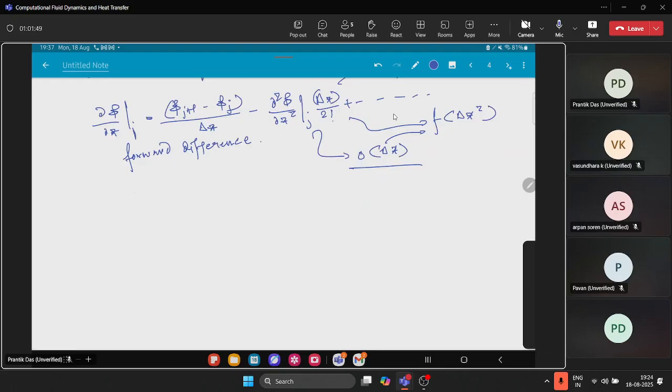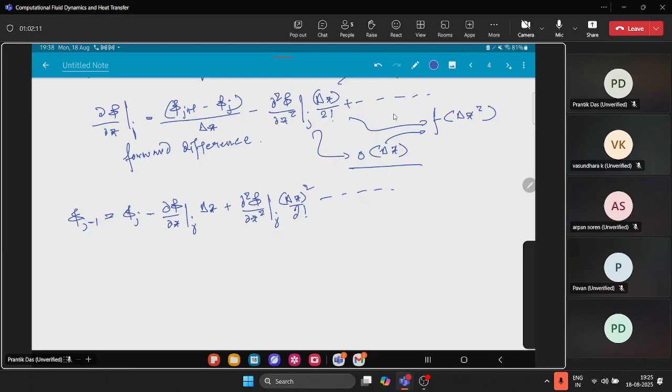Similarly, we can write phi j minus 1 equal to phi j minus dphi/dx at j delta x plus del square phi/dx square at j delta x square by 2 factorial.